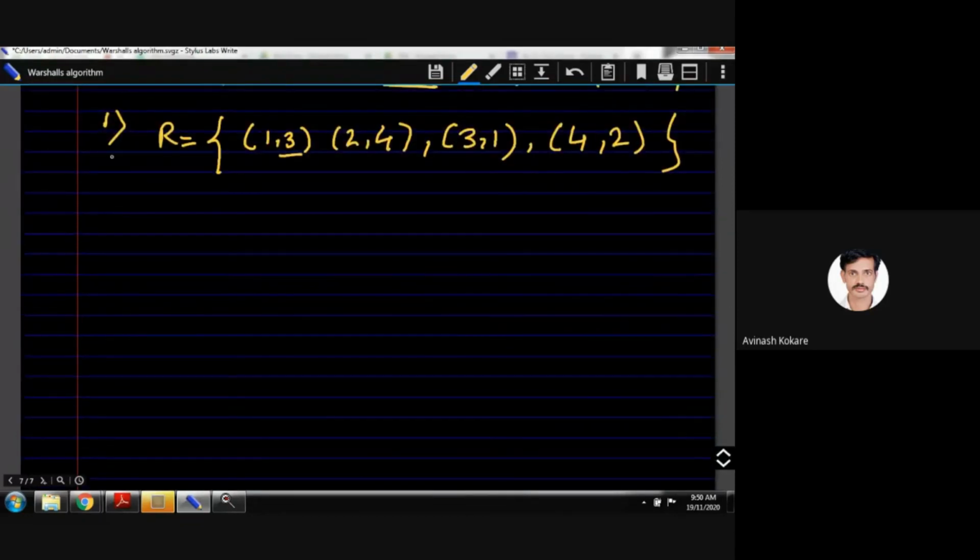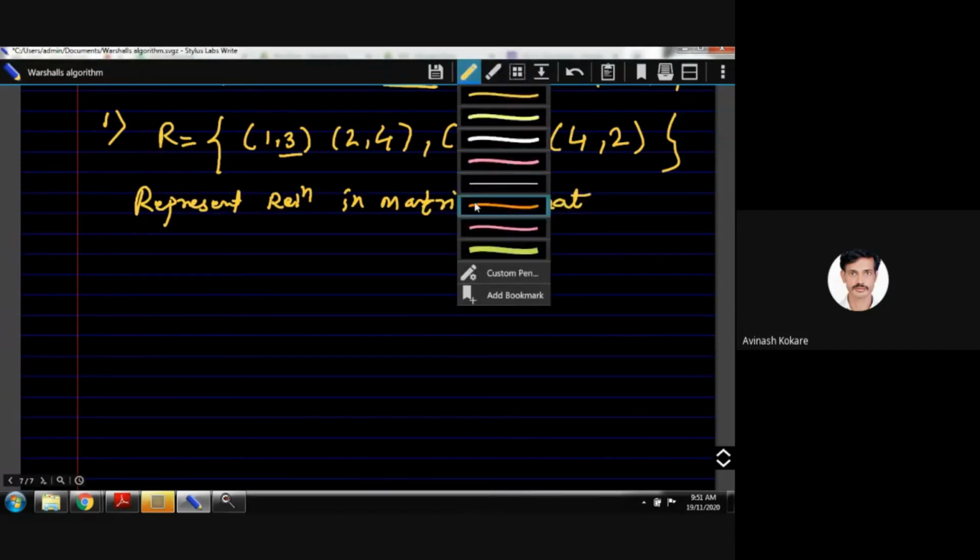Now the first step is to represent the relation in matrix format. You can directly represent this relation in matrix format instead of writing the ordered pairs. But for easy understanding, I have written the ordered pairs first, and now we will write this in matrix format.